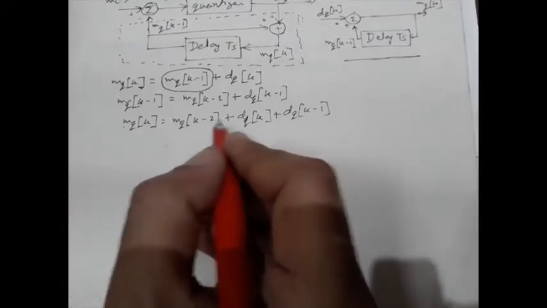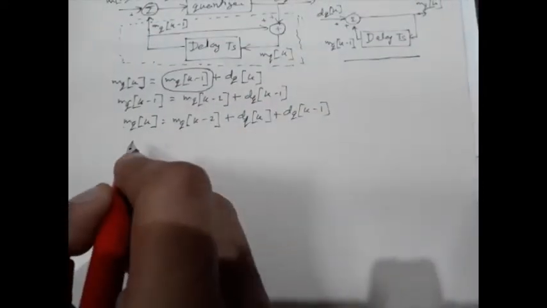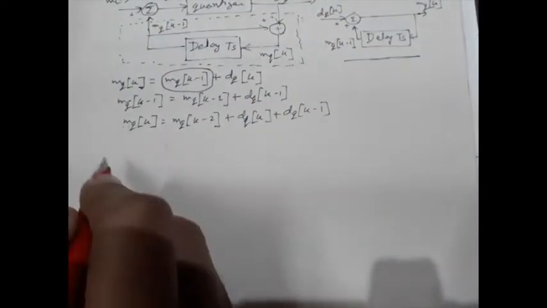Now if we proceed further, putting k equal to k minus 2, k equal to k minus 3 and so on, ultimately we will get mq k minus k, that means mq0.